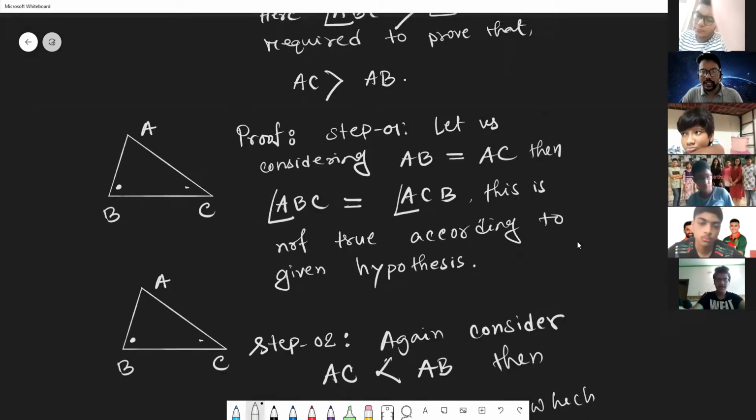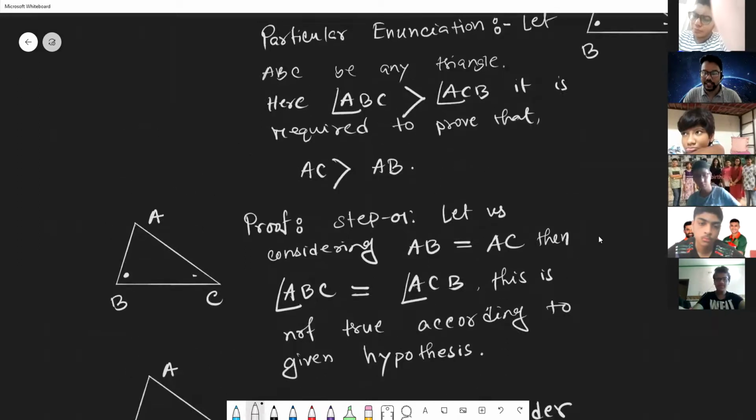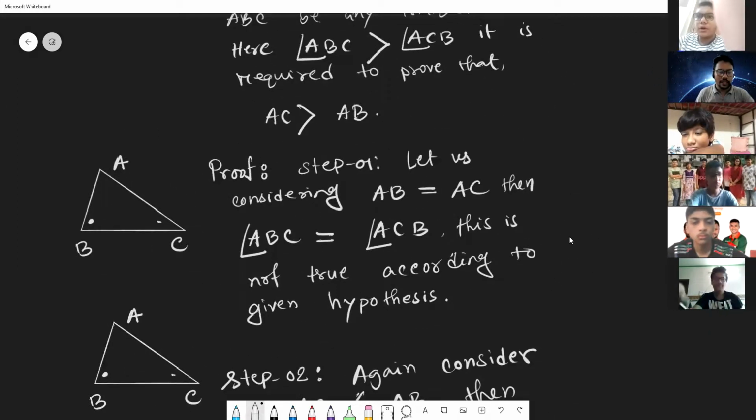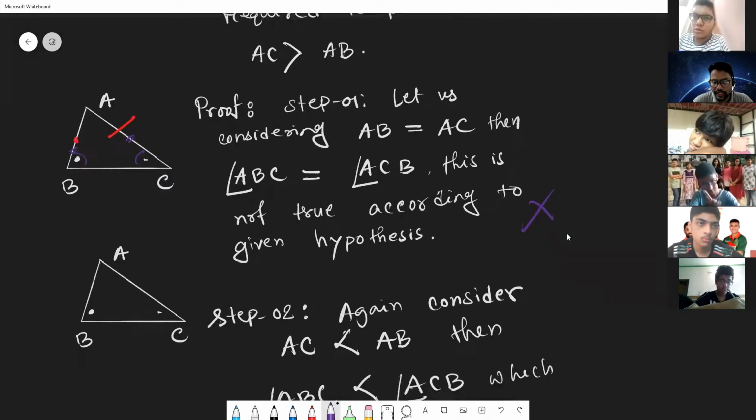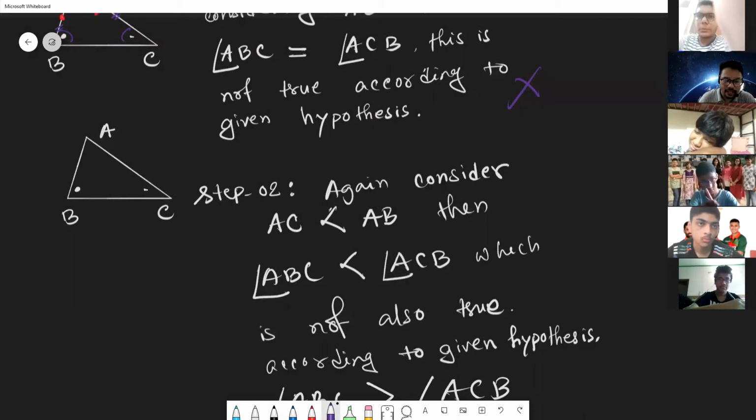So dear students, actually this is easier than theorem number 2. Here we have to prove AC is greater than AB. First we consider they are the same, but according to the given information these two angles are not the same. That's why they cannot be equal. Now in the second step we considered AC is smaller than AB. When AC is smaller, definitely this angle will be smaller than this one.